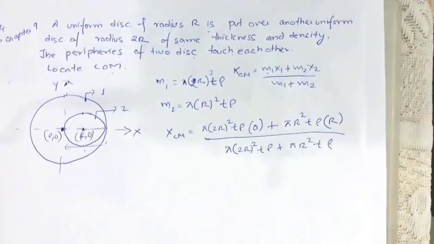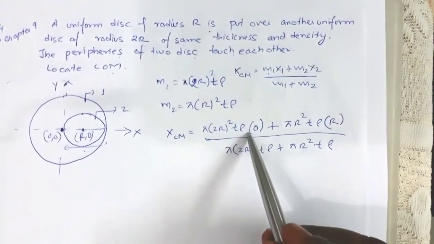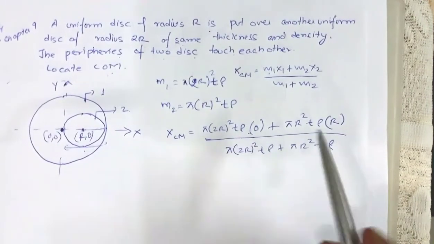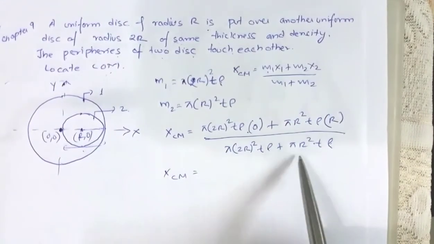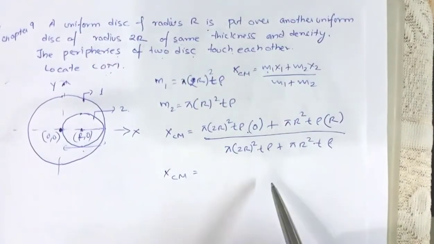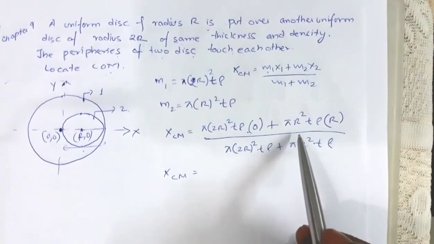So this quantity is 0. Now t rho all cancels out, pi also cancels out.